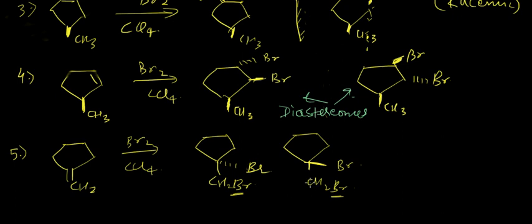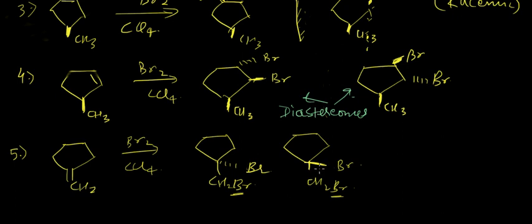So at this carbon atom, if you just reverse it, this would be either above the plane or below the plane. So these are the two compounds which can be formed here.